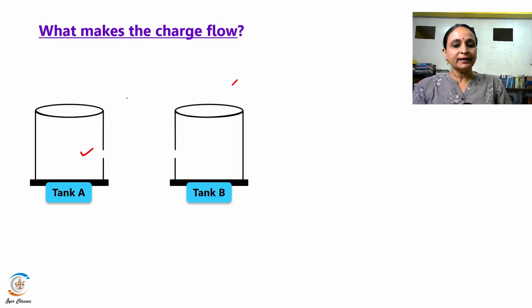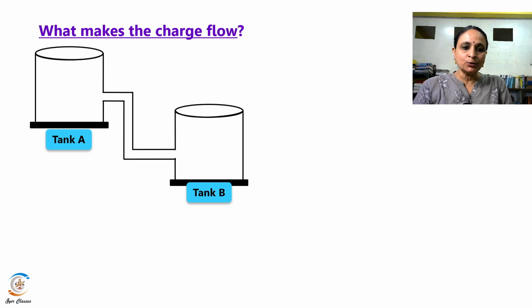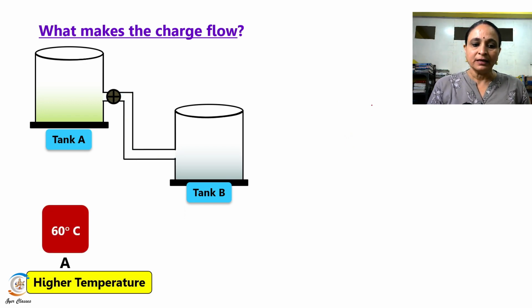Let us take two tanks, tank A and tank B. If you connect these two tanks with a tap and put some liquid in tank A, and if you open the tap, what will you see? That the liquid from tank A will flow automatically into tank B.